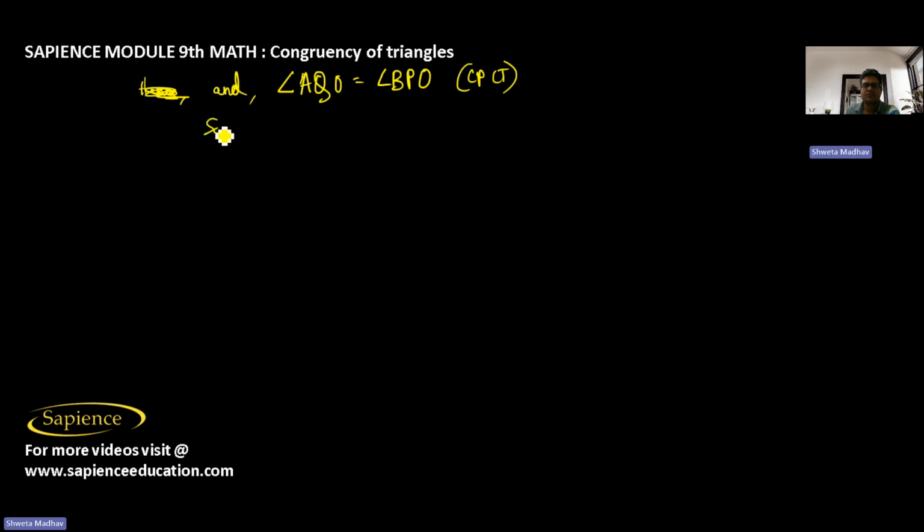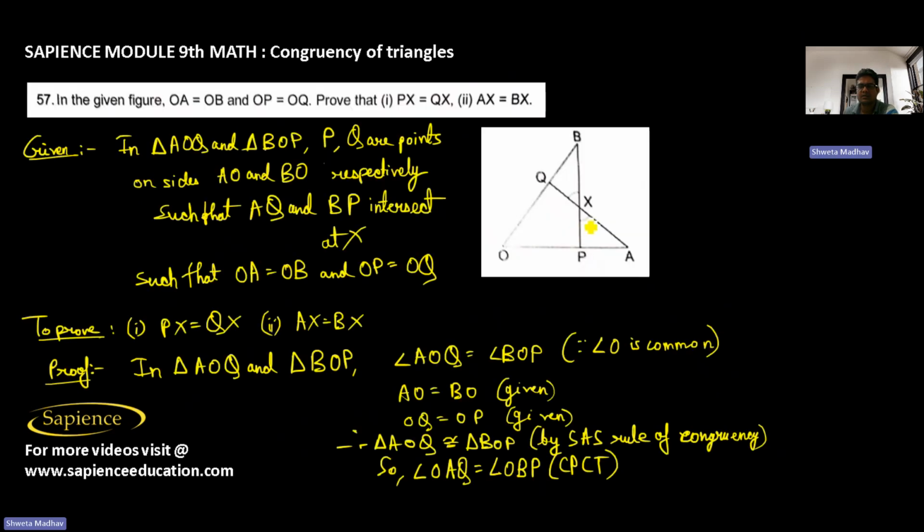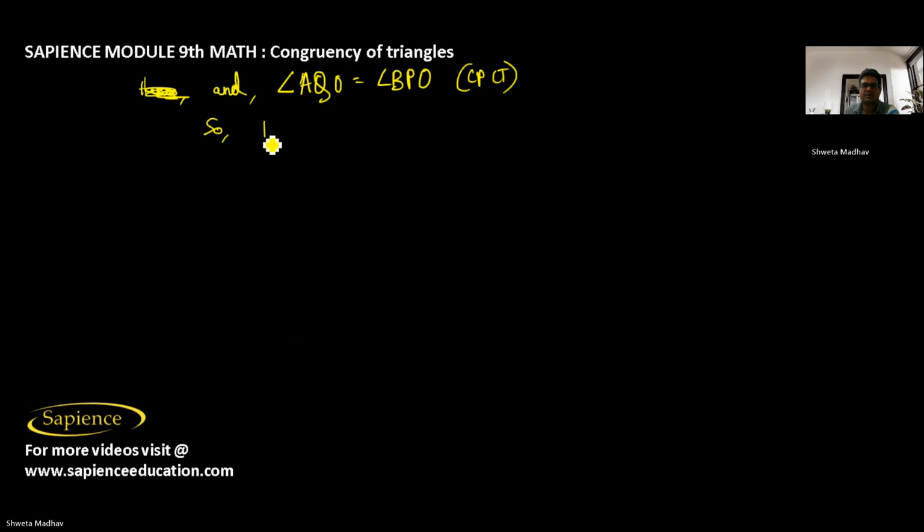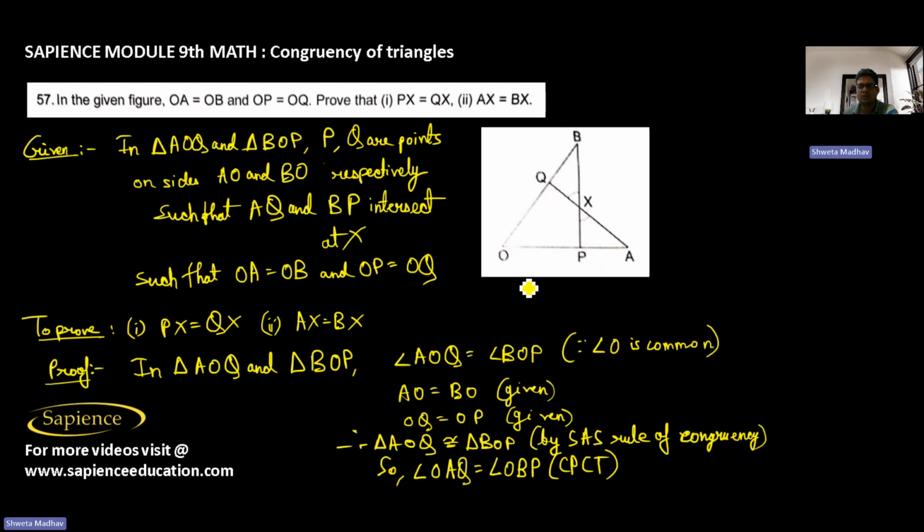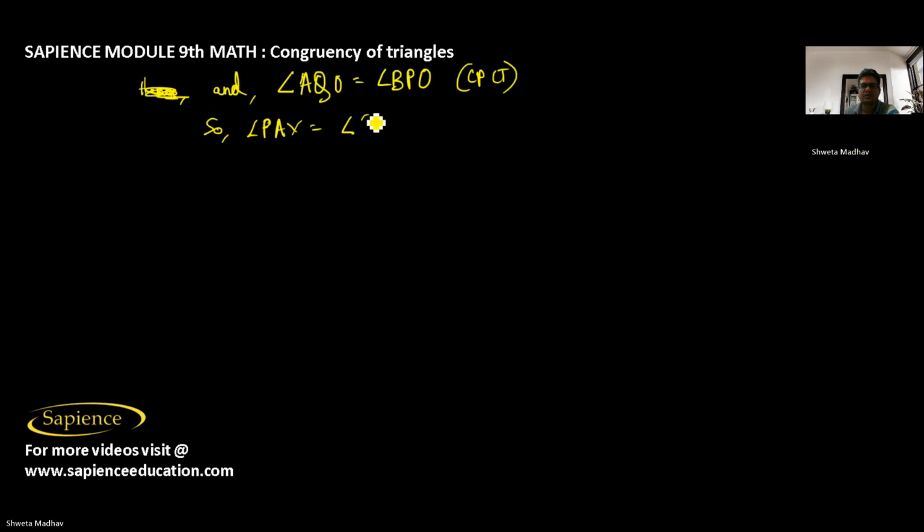So therefore we can also say that angle PAX is equal to angle QBX, since OAQ is the same as angle PAX and OBP is the same as angle QBX.